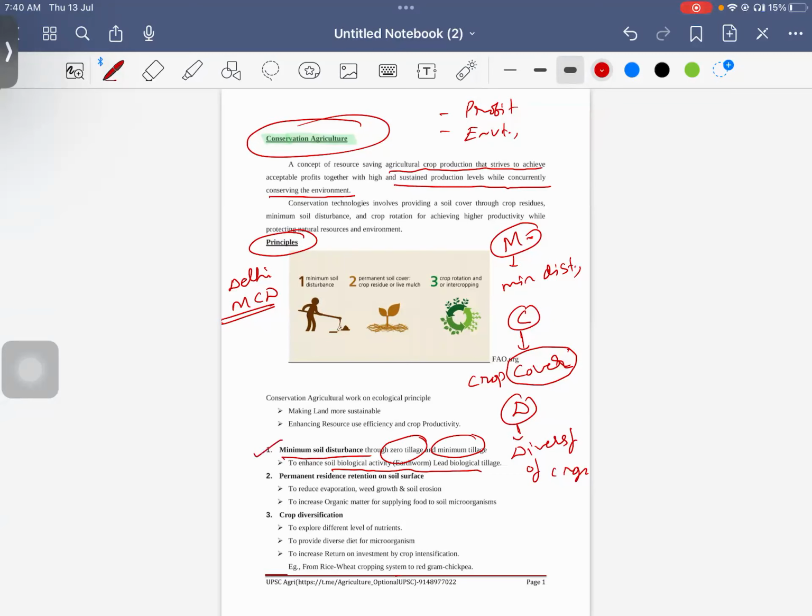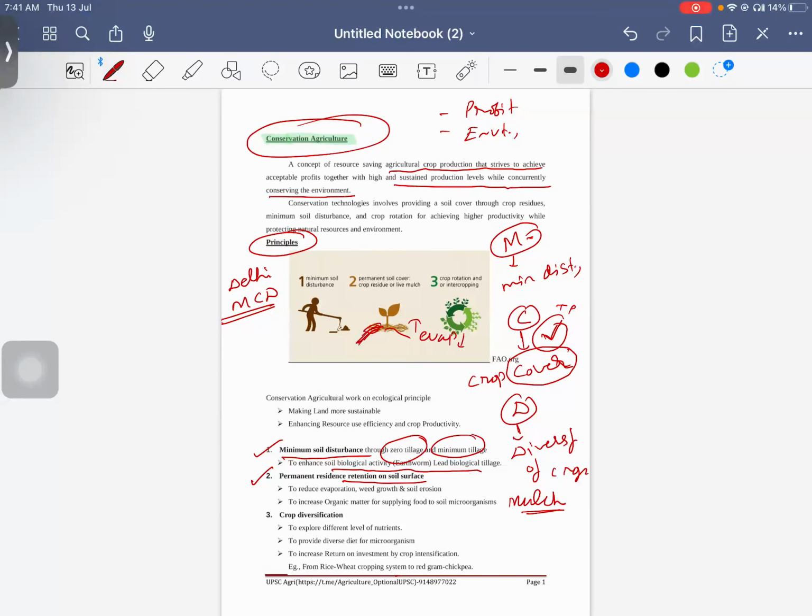Okay. The second is permanent residue retention, which means the soil cover is completely present on the ground and acts like a mulch. Okay. So if it acts like a mulch, evaporation losses will be reduced.